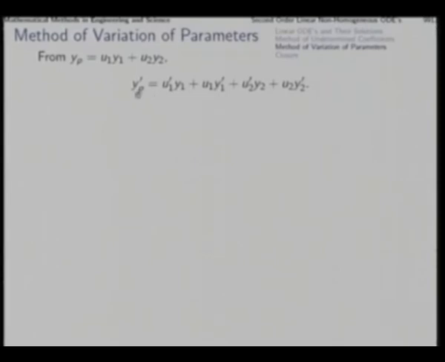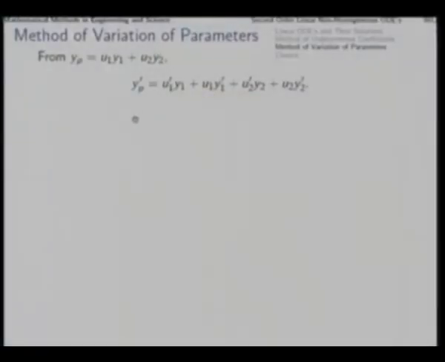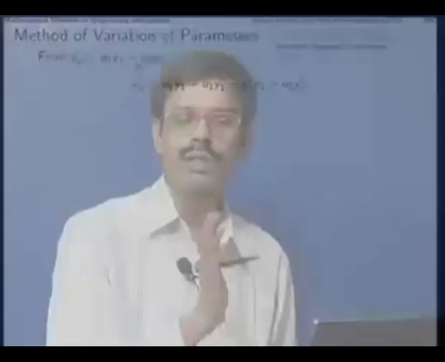Now, as we differentiate it further, u1, u2, y1, y2, all four of them will generate their second derivatives, and that means the resulting expression for yp double prime will have up to second derivatives of all the four functions y1, y2, u1, u2.